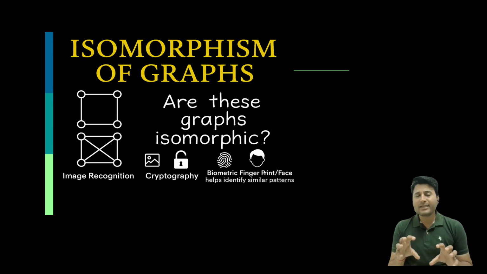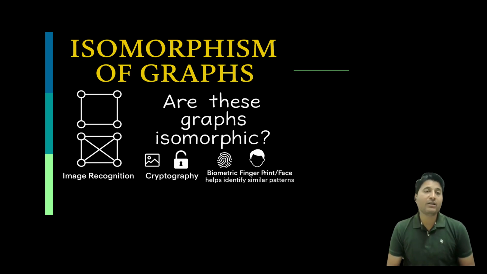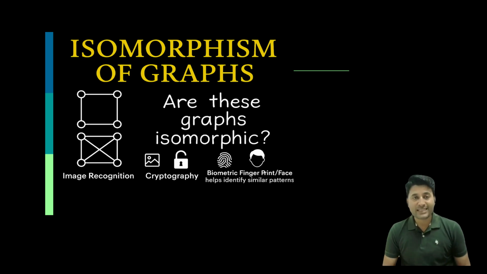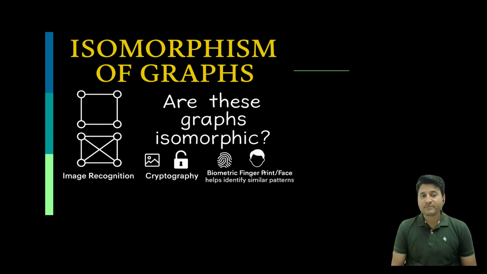So we compare the characteristics between them: eyes, nose, ears, ears of figure 1 to ears of figure 2, eyes of 1 to eyes of 2. If each and everything between them is the same, we call them identical faces, identical graphs. If we are able to find at least one difference between two graphs or two shapes, we call them a non-isomorphic graph.